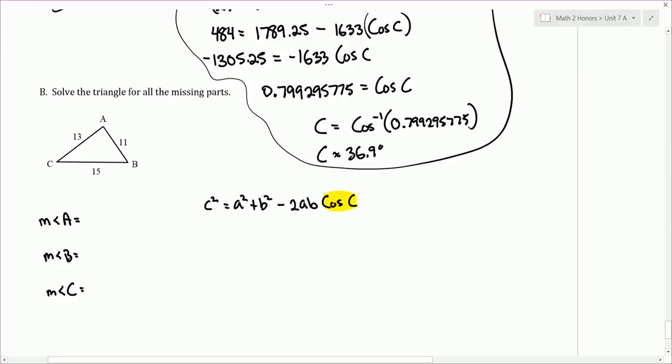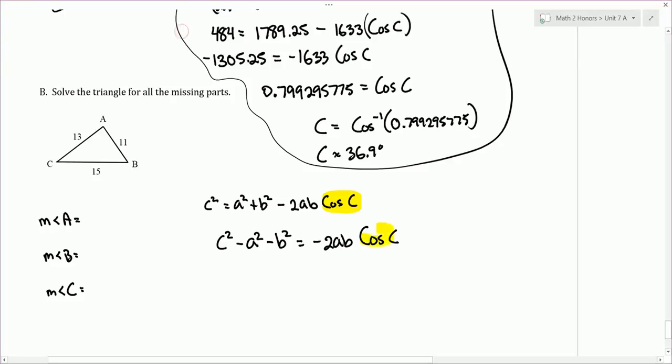I'm going to do that in this problem. It's all preference, it's up to you. So I'm going to subtract A squared, subtract B squared, and I get C squared minus A squared minus B squared is equal to negative 2AB times the cosine of C.